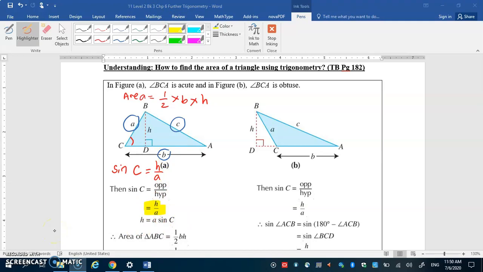If I want to make H the subject of the formula, I just multiply both sides by A, and I will get H equals to A sine C. Okay, sine C equals to H over A, right?